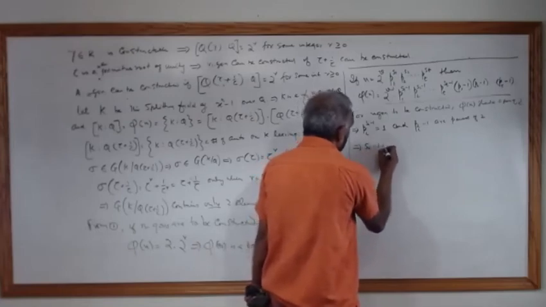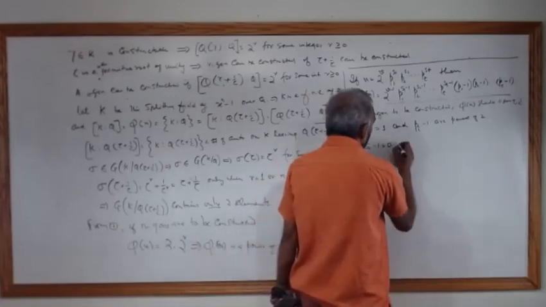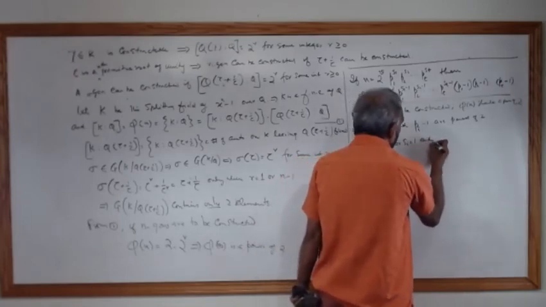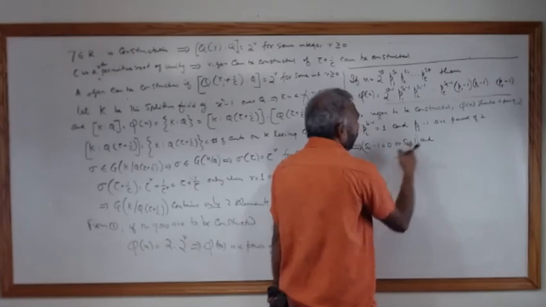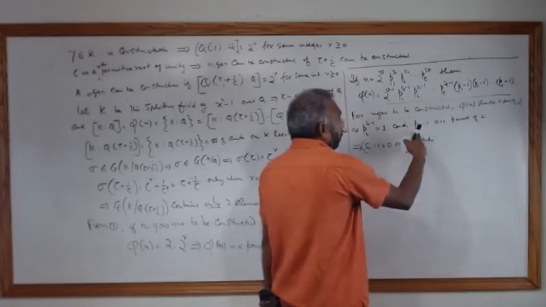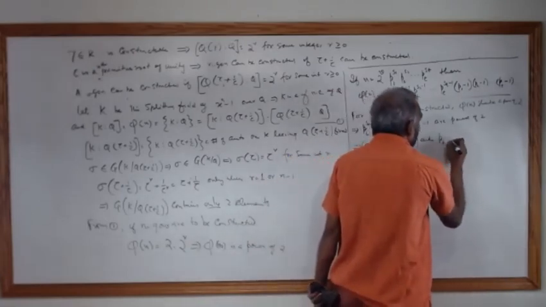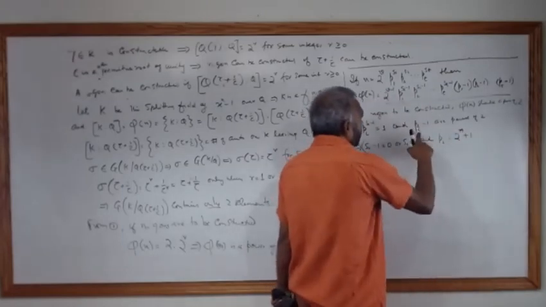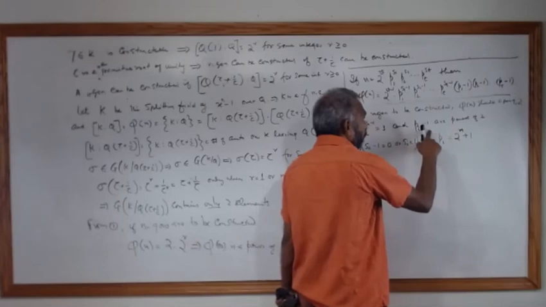That implies si minus 1 is equal to 0, or si is equal to 1, and pi's are of the form 2 to the power of m plus 1. See, this is actually a power of 2.